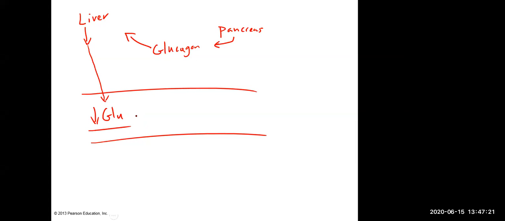So now, as there is more breakdown of glycogen in the liver, basically they break down into glucose.